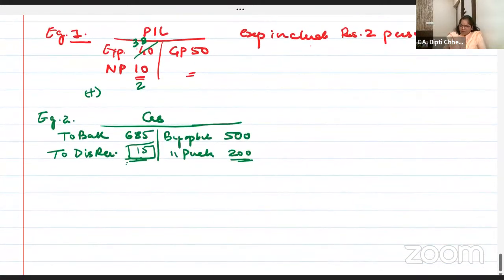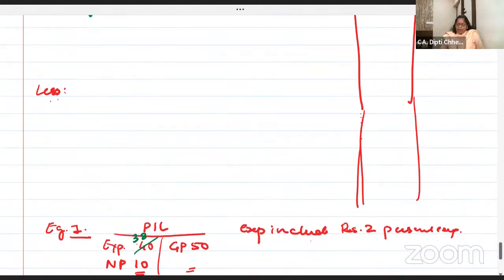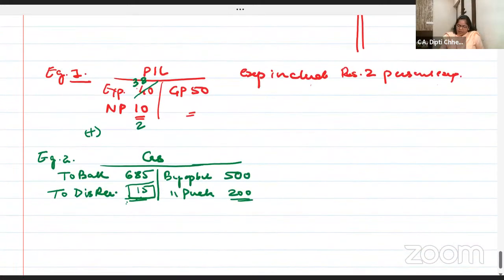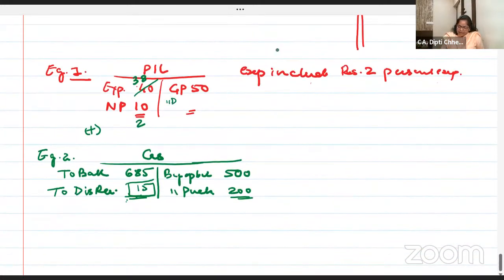Have you all written the example? Write down, write. 2 minutes I'll pause, you write. Write down the example. Ma'am, 15 rupees is your income. No, you should write here.